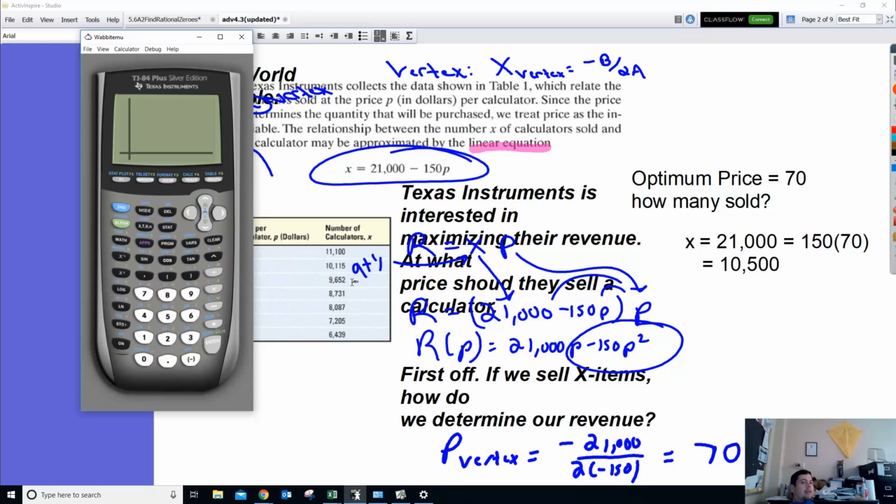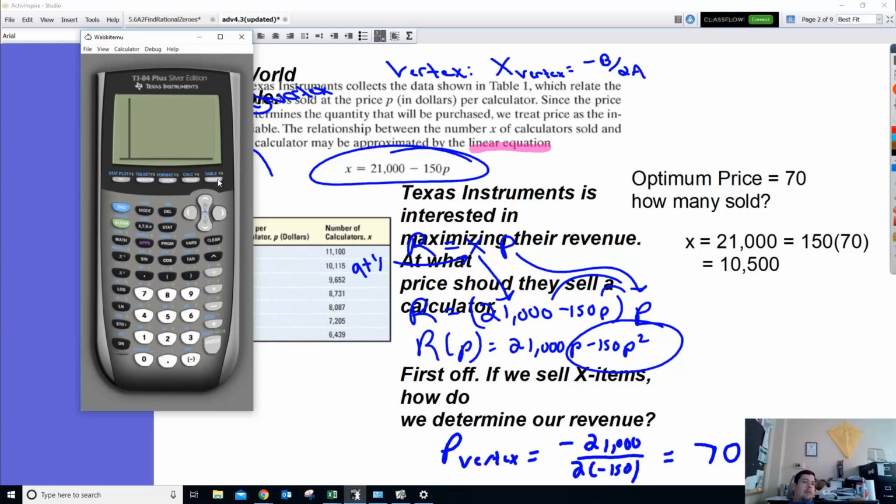That's X. I've got my things backwards in my window. X max is 100, that's fine. The Y max needs to be around 11,000, close to where that vertex is. I guess I could have guessed with the numbers and got there sooner or later.